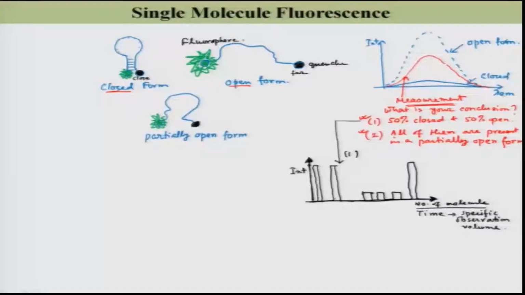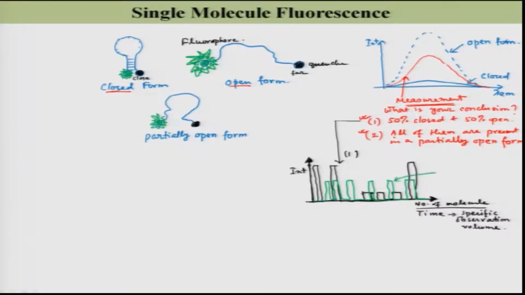It is not necessary that you will see the fluorescence bursts at the same time, but whenever you see one, it will be of moderate intensity like this. Clear? So, you see the basic difference.